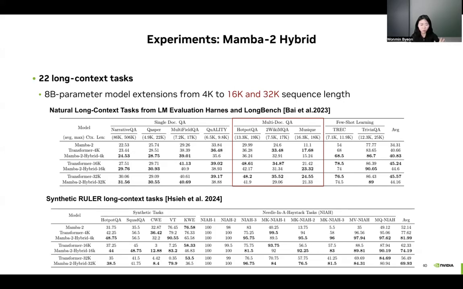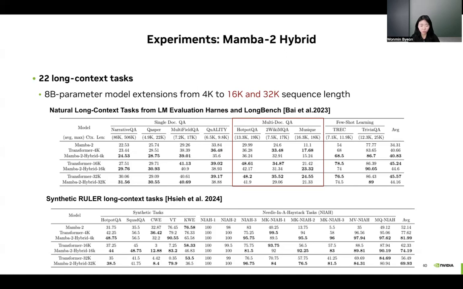All these models we trained ourselves, so the setup is exactly the same. To extend from 4K to 16K and 32K, we just continued training both the hybrid and the transformer models. We didn't change anything in the data set.